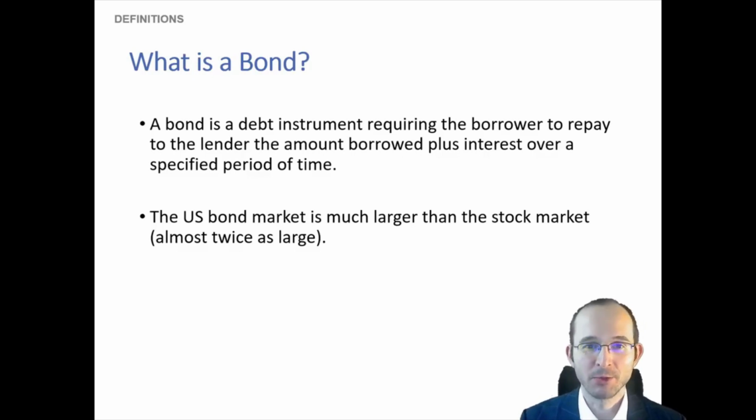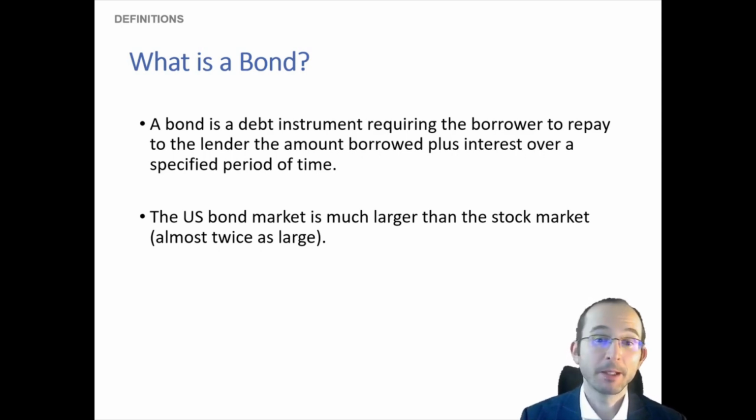It requires the borrower to pay to the lender a certain amount of fixed income, which is why bond analysis is called fixed income analysis. The interest payments are predefined, both in terms of how much they are and when they happen.